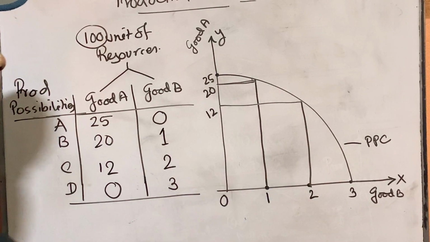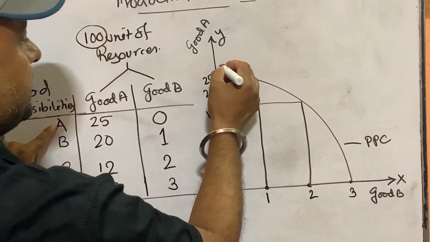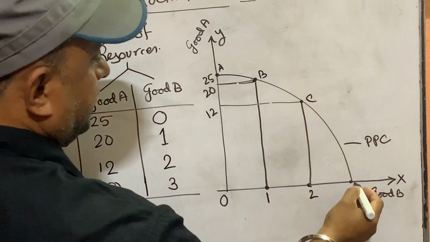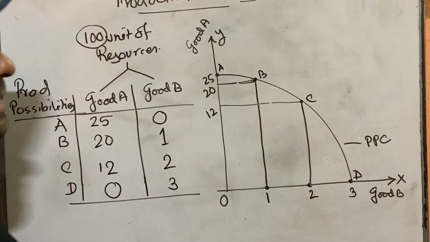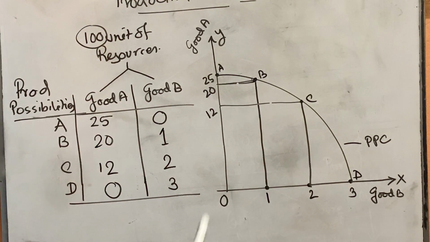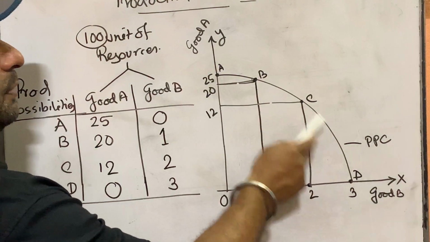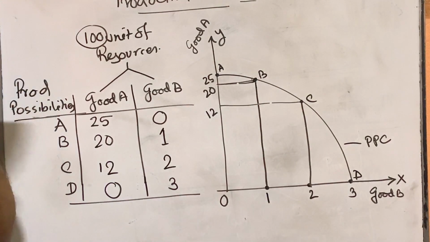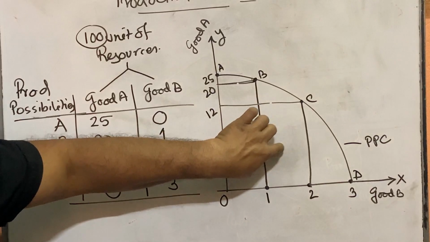Now these are the production possibilities. First one is A, this point is B, this point is C and this point is D. These are the 4 production possibilities shown on the PPC. So PPC is a curve which indicates the various combinations of 2 goods which we can produce in our economy.